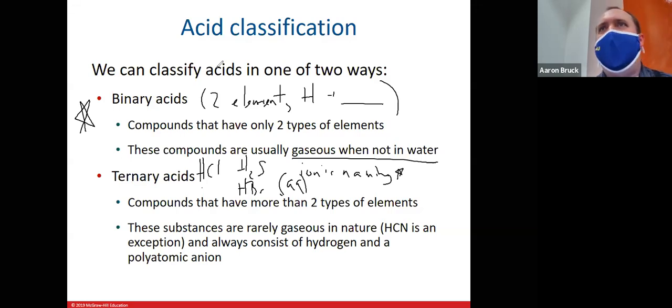That aq designation, if you remember from chapter 1, indicates that something is aqueous, that is, dissolved in water. And so we don't identify it as an acid unless it is dissolved in water.